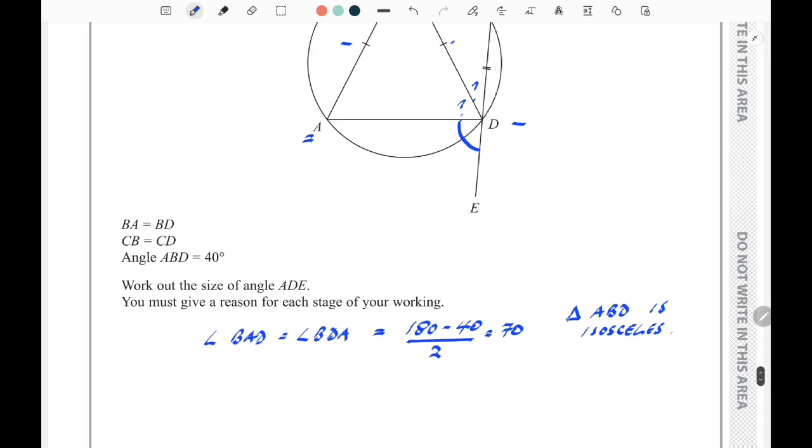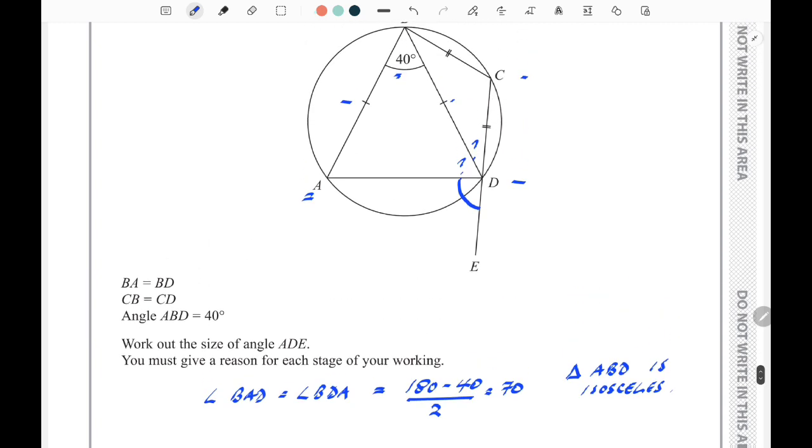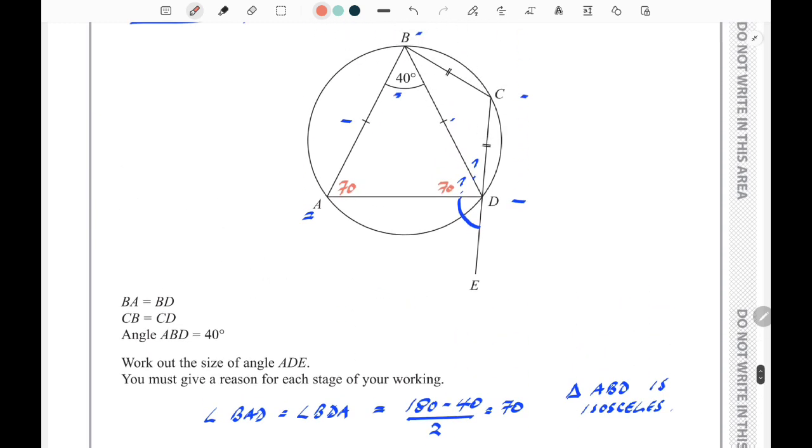All right, then we now know, and I'm going to fill in the bits now, so that's 70 and that's 70. We can then use the fact that this is a cyclic quadrilateral. You can see how this four-sided shape has all its corners on the circle itself. So that is a cyclic quadrilateral.